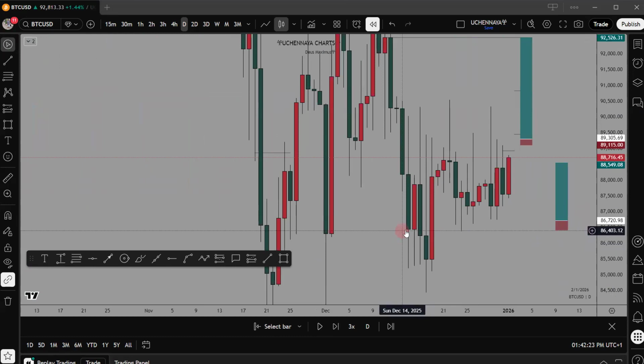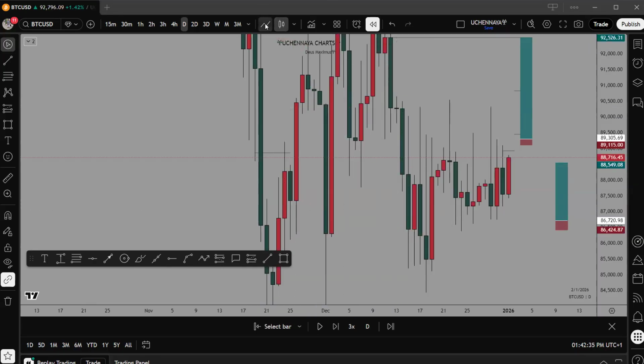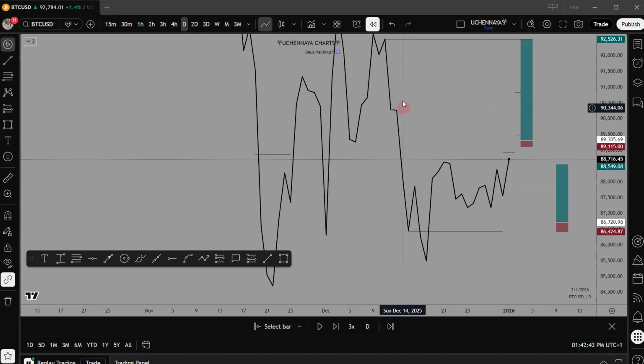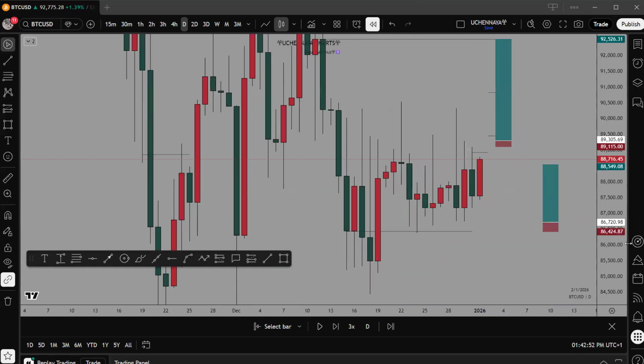Why? You can see the price has already broken structure here on the daily. Daily has shifted here. This is daily shift. And the reaction is coming from a daily QML. This QML gets tapped into, and after that, you can see multiple dailies rejecting from this level.